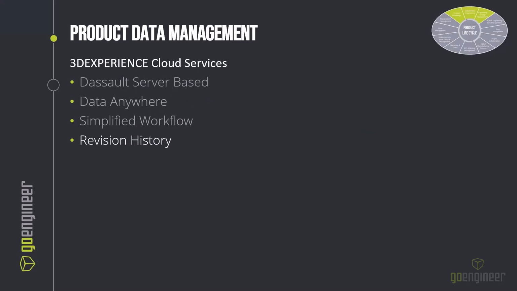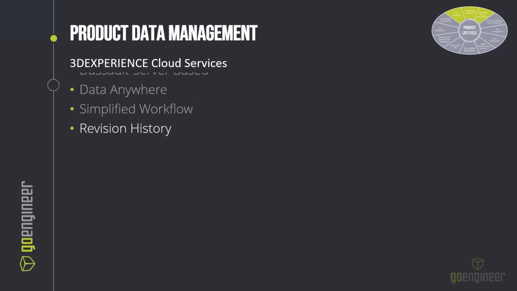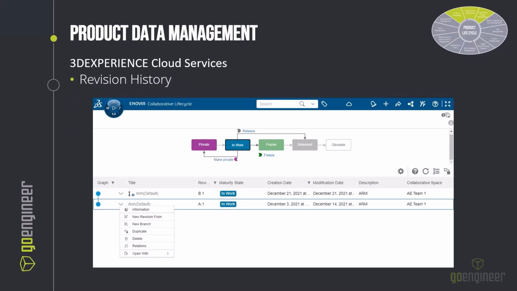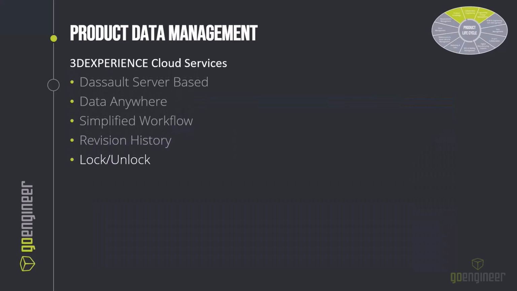And with multiple design iterations come multiple revisions. And with 3DEXPERIENCE, all your product revisions are maintained, stored, and accessible for review or to use as a new design starting point. Old revisions can be revisited and branched to explore new concepts, all while keeping track of the original source data.